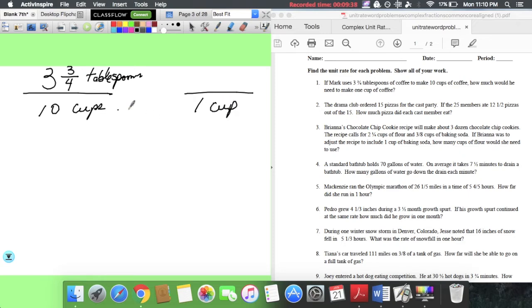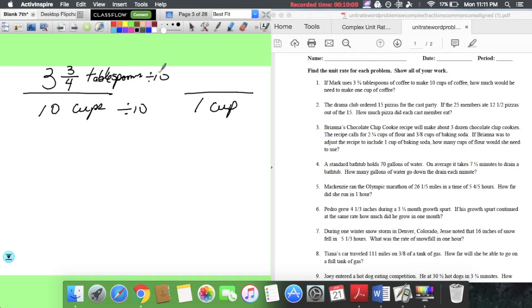So, divide by 10 at the bottom, and we're going to divide the top by 10. 10 divided by 10 is 1 cup, and that's how I got my denominator to be 1. And on top, I'm going to divide 3 3/4 by 10. So you can take that to your calculator. And 3 3/4 is the same thing as 3.75. So you can input that number as a fraction or input that number as a decimal in your calculator.